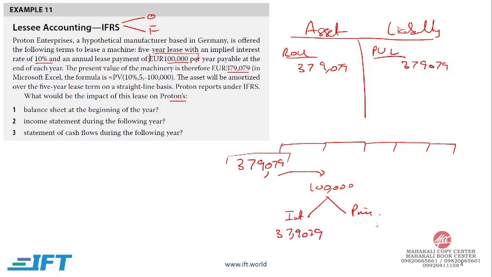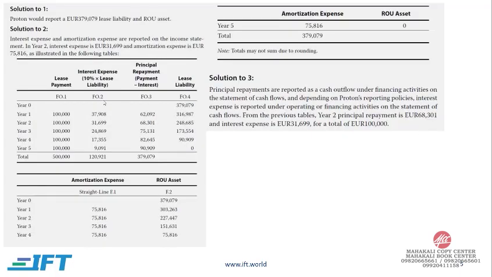Your principal component would be 100,000 minus that, which gives 62,092.1. So your outstanding liability would be 379,079 minus 62,092.1. In the next table we have come up with an amortizing table.